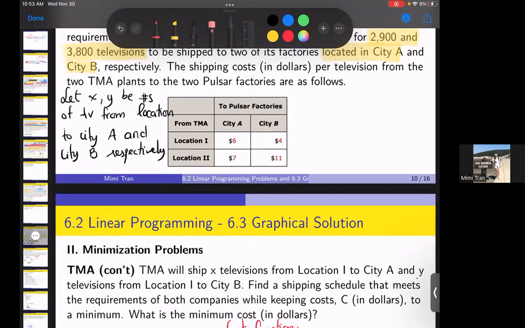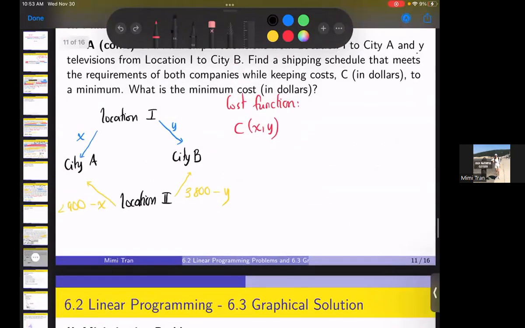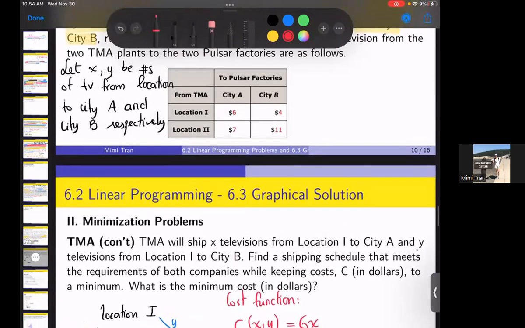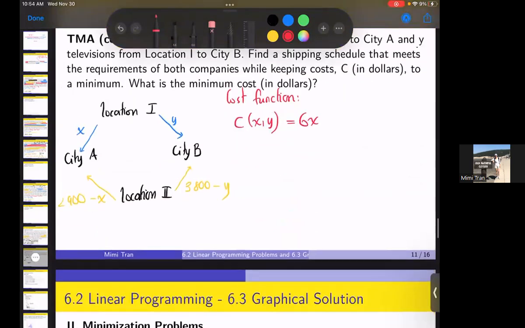How many TV from location 1 to CDA? The X, right? So 6X. Right here is the X from location 1 to CDA, so 6 times X. And it costs $4 from location 1 to CDB, and we denote that as Y, so 4Y.